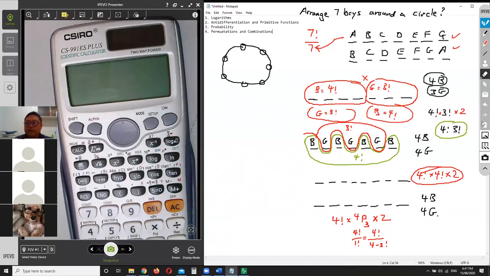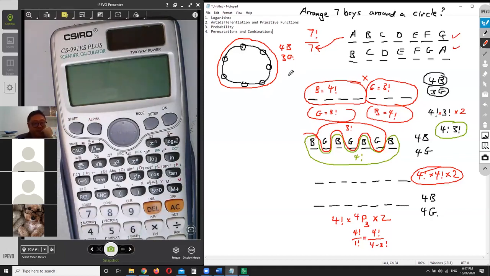You guys ready for the next one? All right. How many ways can you arrange 4 boys and 3 girls, that's 7, right, around a circle? This is actually a really hard one.